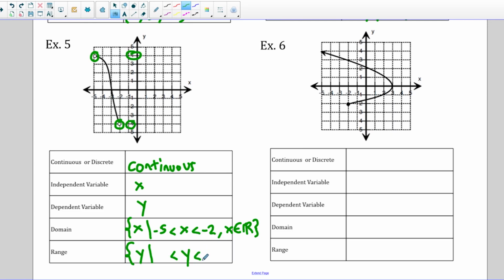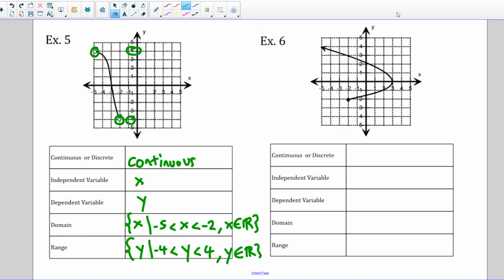Again, inequality signs facing towards the right. We're going to put our lowest value of y, or our range, on the left, which is -4, and the highest or largest possible value of y on the right-hand side. And then y is an element of the real number system. Again, we do not underline these because there is actually no point that exists there when y is equal to -4 or +4. So if it's unshaded, we do not underline it.